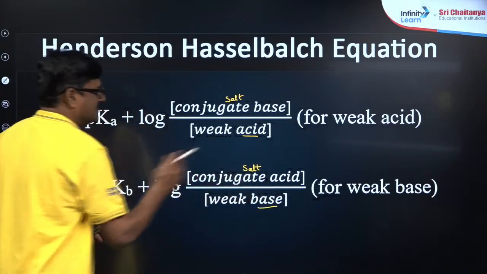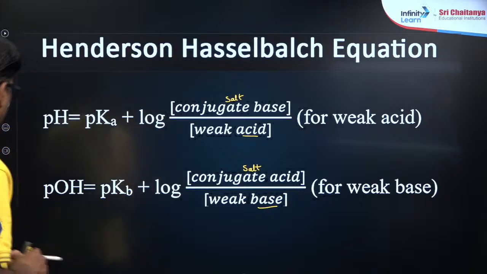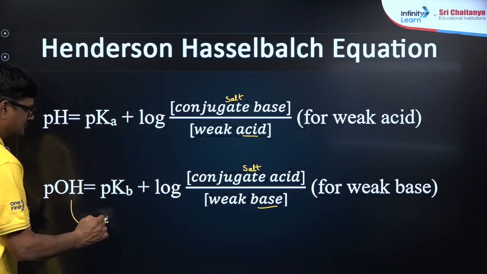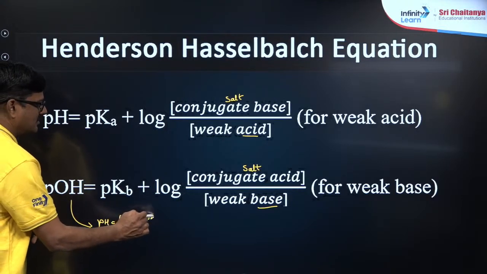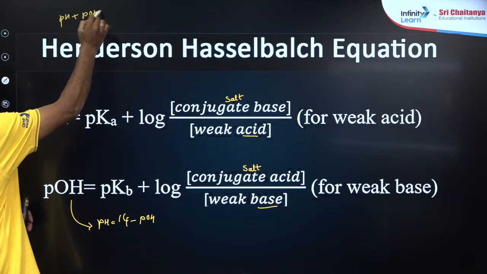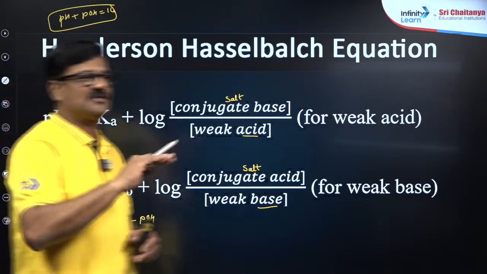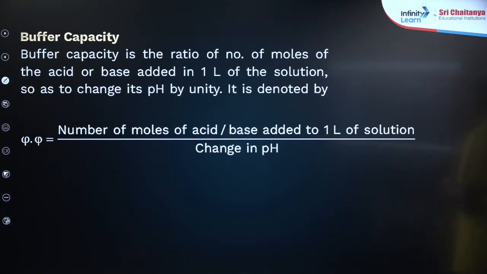From here you can calculate pH is equal to 14 minus pOH, because pH plus pOH is equal to 14. So in a single shot all the formulas are being revised. Agree with me? And also buffer capacity.